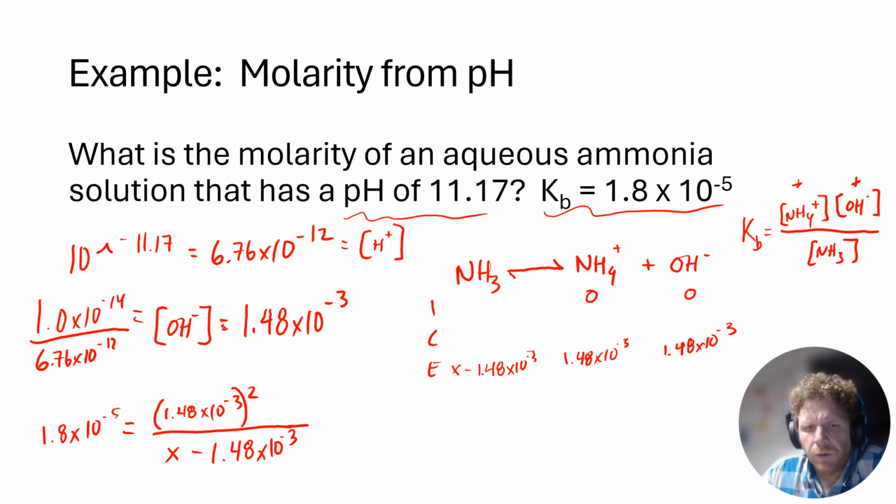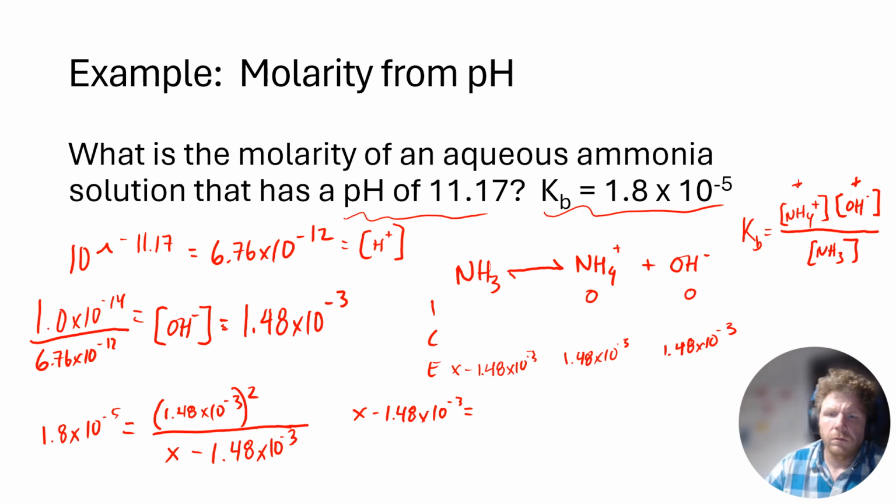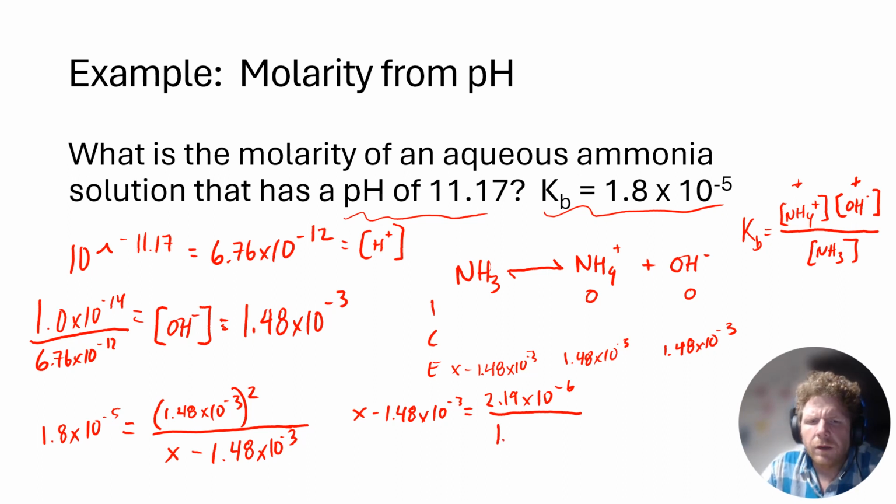I'll do my algebra and rearrange this. What I'll get is x minus 1.48 times 10 to the negative third is equal to 1.48 times 10 to the negative third squared, which I'm plugging into my calculator, and that's going to be 2.19 times 10 to the negative 6, divided by 1.8 times 10 to the negative fifth.